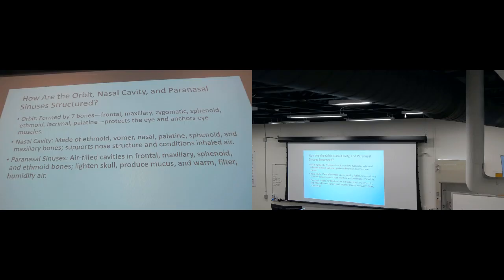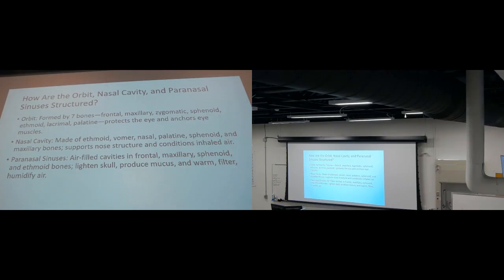Now, for the nasal cavity, again, it's made by the perpendicular plate of the ethmoid, the vomer, and then you have the nasal bones here, which are bilateral, and then the palatine, which forms the floor of our nasal cavity, and then you have the sphenoid that encloses the posterior region of the nose, and then you have the maxillary bones that also form the floor of the nasal cavity.